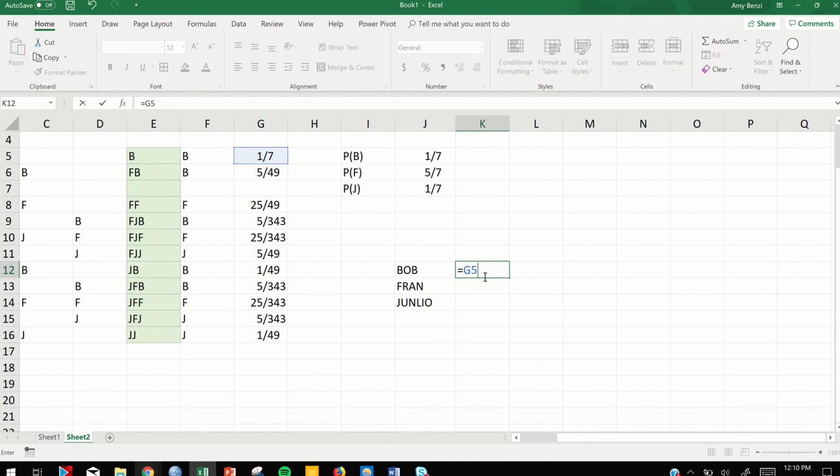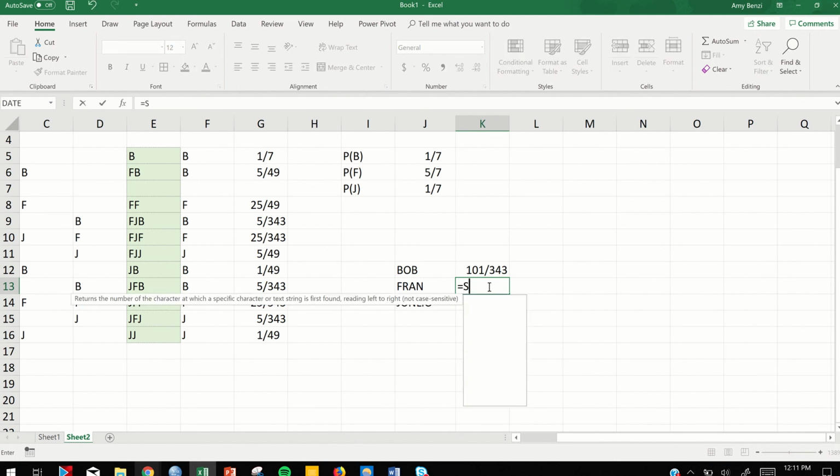Wait a minute. All you do here is press sum, double click, and then you just start adding them up. Bob, comma, just click on each Bob and put a comma. And then enter.